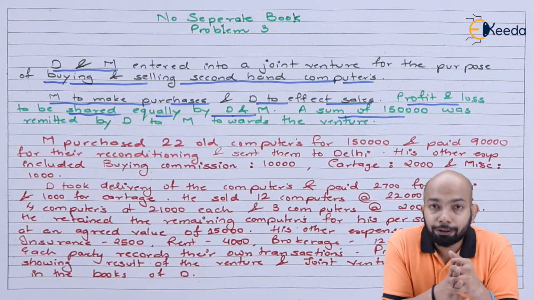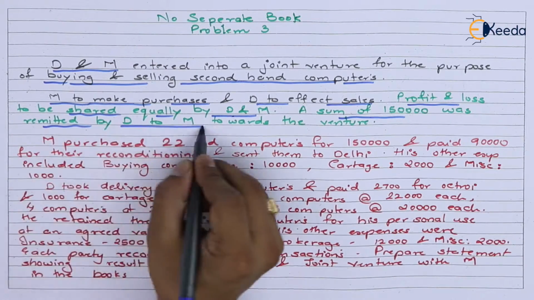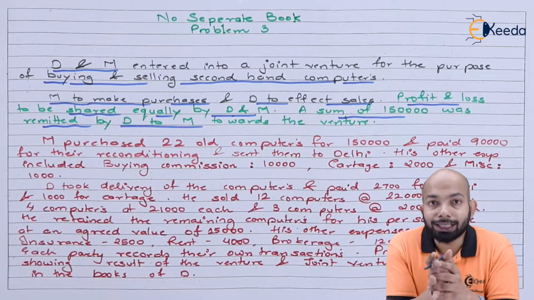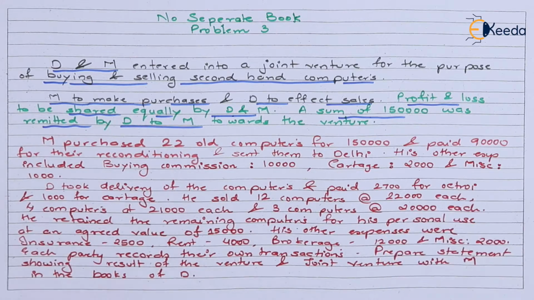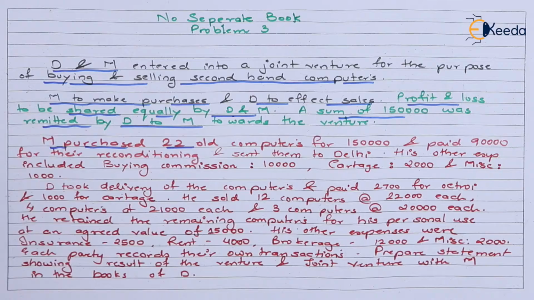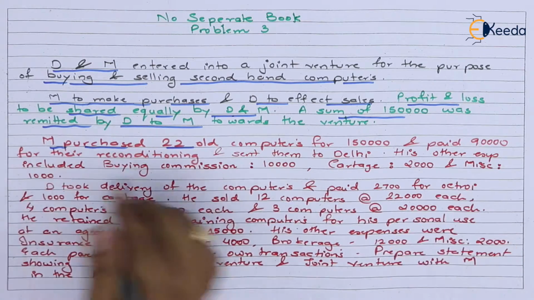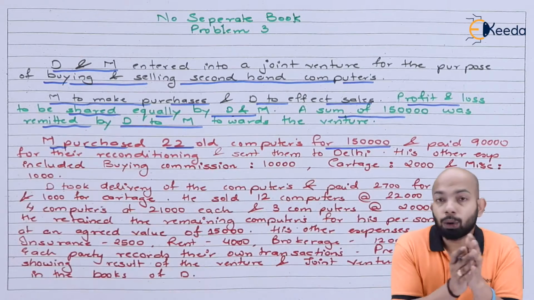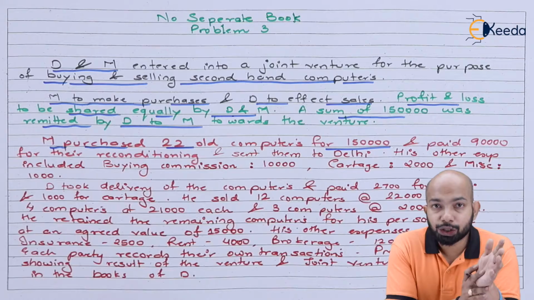A sum of 1,50,000 was remitted by D to M, and that was towards the venture. That means that was the initial contribution by D towards M. Now with that money, M purchased 22 old computers for 1,50,000 and additionally paid 90,000 for their reconditioning.